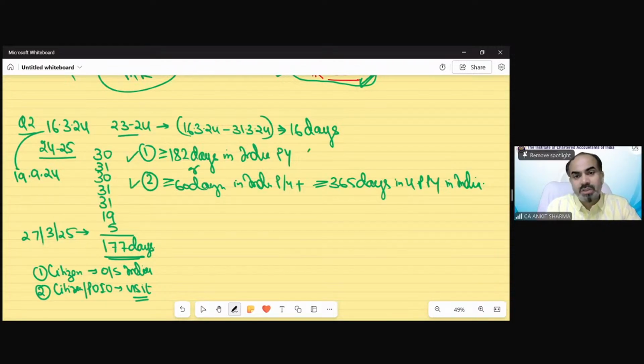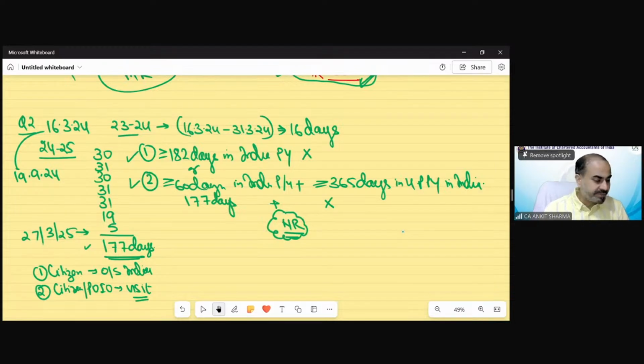And she is not satisfying condition number one because she is in India only for 177 days. She is satisfying the 60-day condition of the second point, but she does not satisfy the 365 days condition of the second point. So because she is not satisfying any of these conditions, she would be a non-resident.